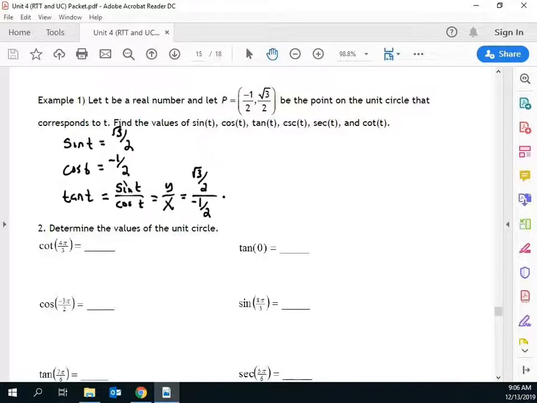So, of course, when you divide with fractions, you keep, change, flip. Like that. 2's cross out because they're cross-canceling each other, and you're left with negative root 3 over 1 or negative root 3.